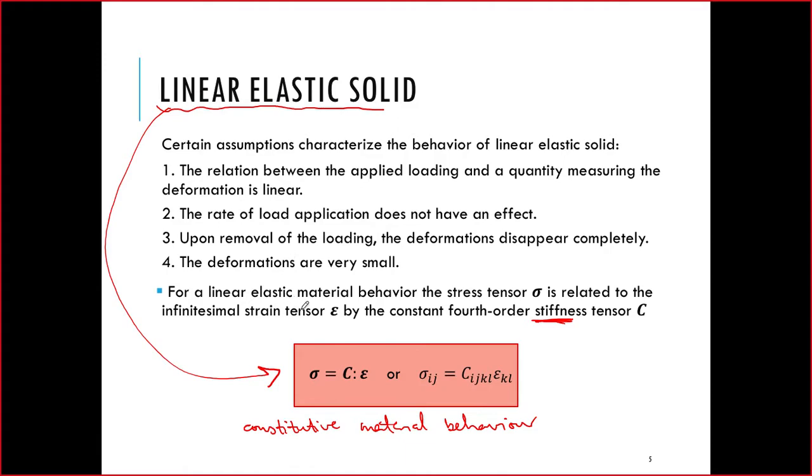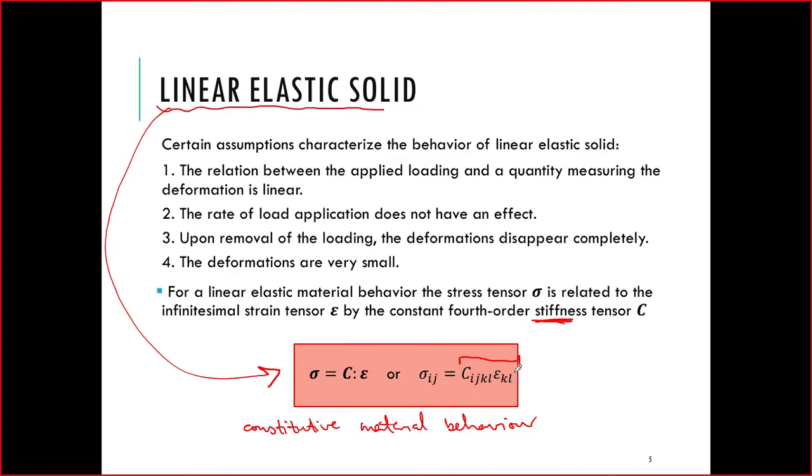Okay. Now let's describe this in a little more detail to point out that this C times epsilon is actually a double dot product, or double inner product, such that if I write it out in index notation, this is what I get. If I want sigma ij, then I'm performing a dummy sum with two of the indices.